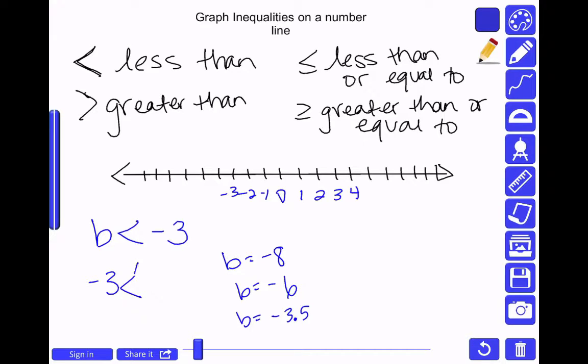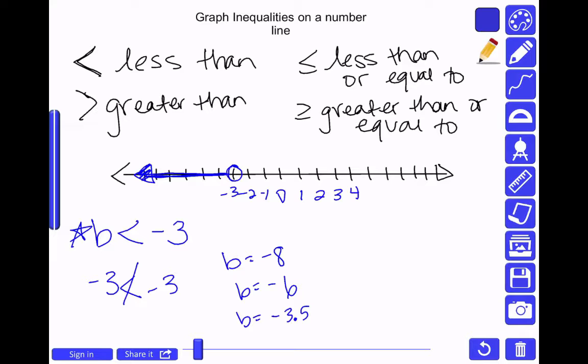Because -3 is not less than -3. So what I'm going to do is I'm going to put a circle on the -3, and all of my solutions are to the left of -3. So I'm going to draw a line with an arrow to the left. So that ray, that's a ray, represents the solutions to this inequality.